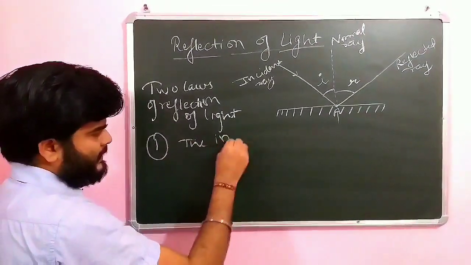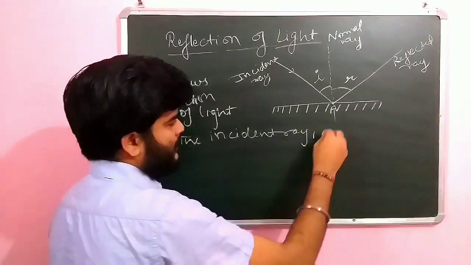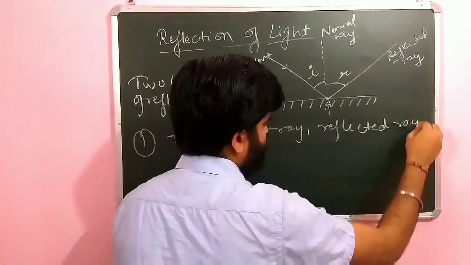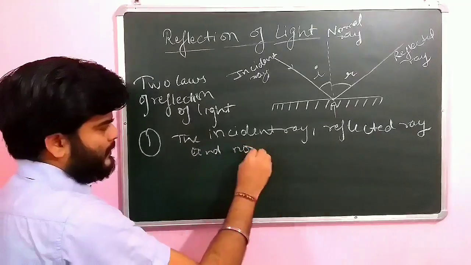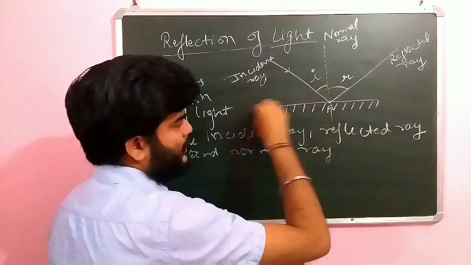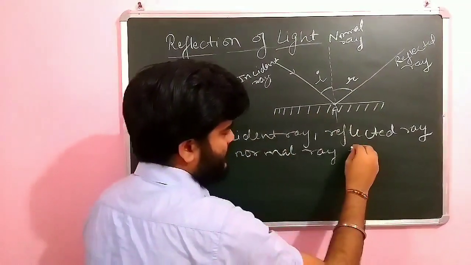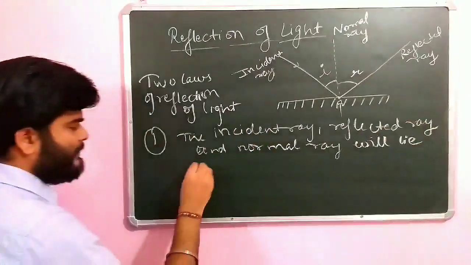The normal ray is normal to the reflecting surface. These rays will lie in the same plane.